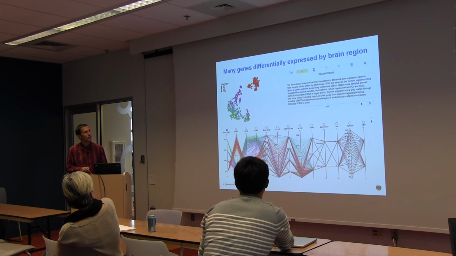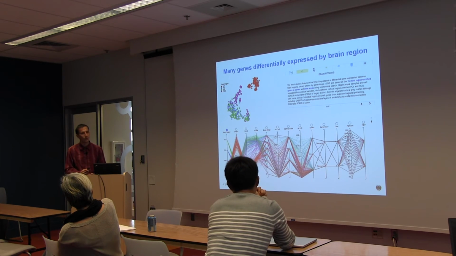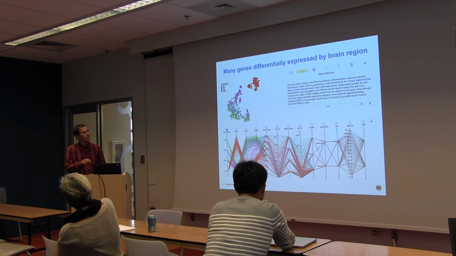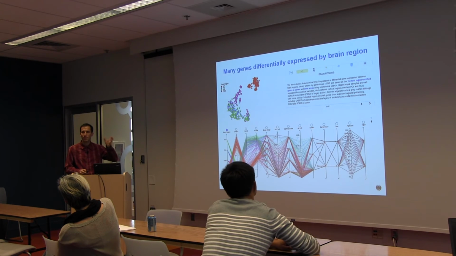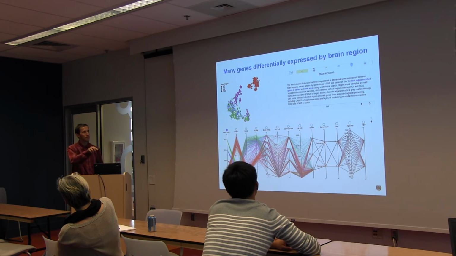Yes. In this case, we did just a differential search in the website for the parietal and temporal cortex samples versus the white matter hippocampus samples, and just took the top 15 that were highest in each, and then used those 30 genes as the basis for this t-SNE plot.